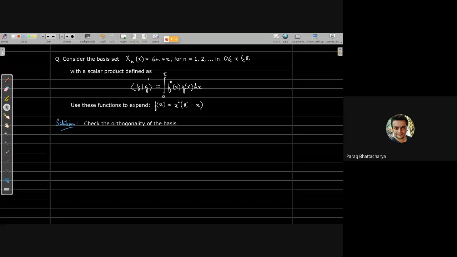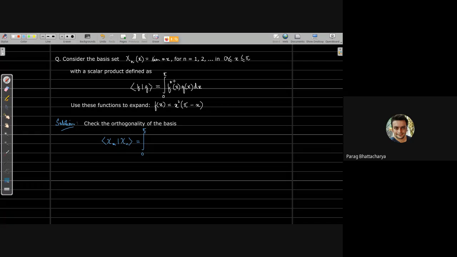Just take any two basis elements and form their scalar product. Let us say I take chi_m, one with an index m, and form a scalar product with another, chi_n. Then what will this be equal to? We have to use this definition of the scalar product. That means you have to integrate from 0 to pi, the a and b values being 0 to pi.